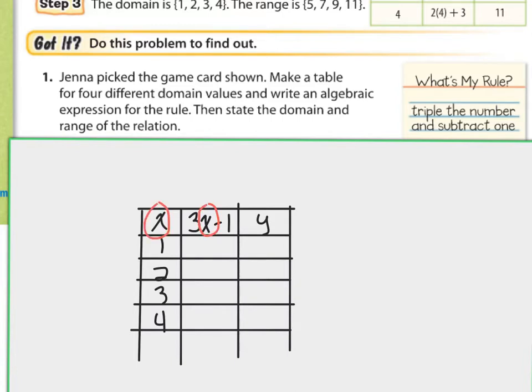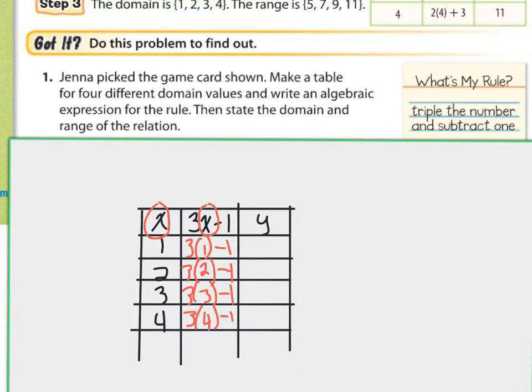So I will be replacing this x that you see right there with the value of this x. So now I write it as 3 times 1 minus 1, 3 times 2 minus 1, 3 times 3 minus 1, 3 times 4 minus 1.